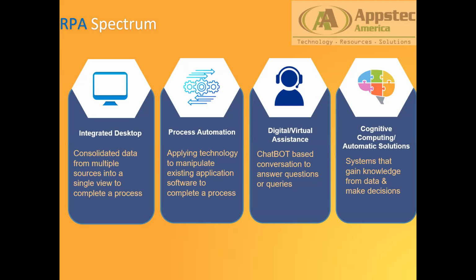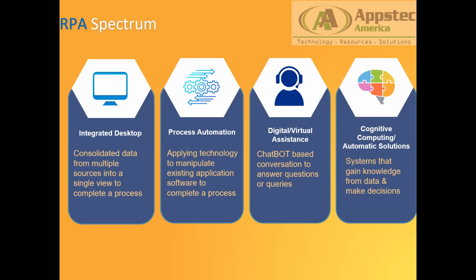And then we talk about the next spectrum, which is the cognitive behavior or the AI approach. Cognitive behavior is nothing but systems that gain knowledge from data and make decisions, similar to how humans adapt to different conditions and situations: we observe, we learn, and then we decide, right? That's what is called the cognitive power of humans.